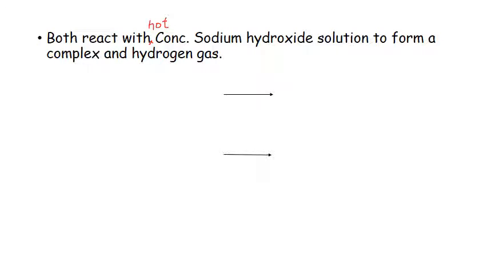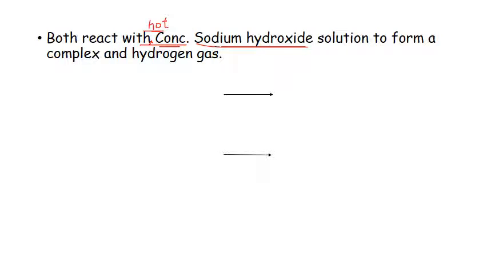Conditions. So now we're looking at the metal itself. The metal of beryllium and aluminium will always react with concentrated and hot sodium hydroxide. So these are always the conditions.